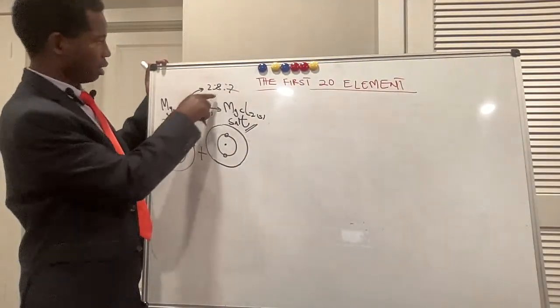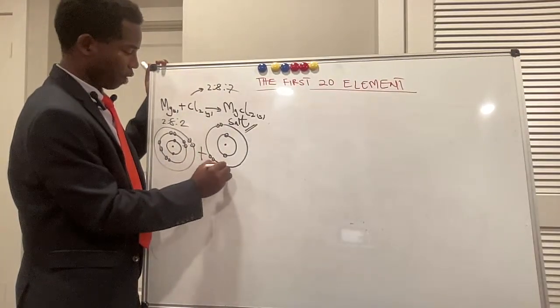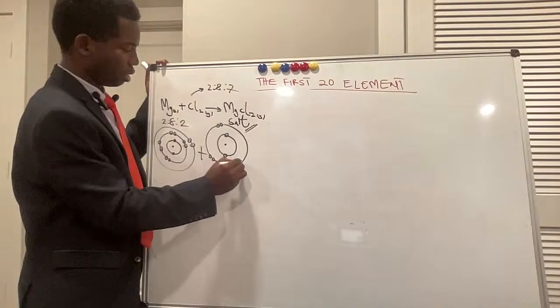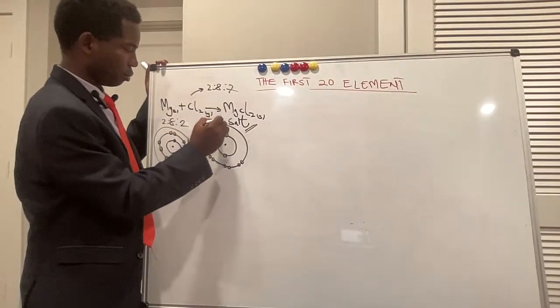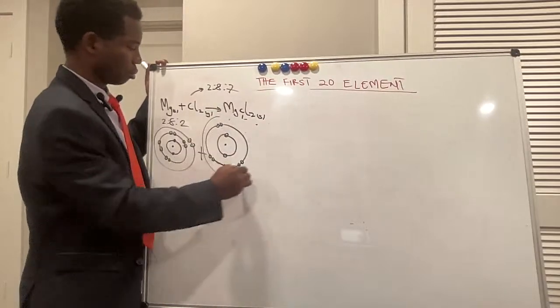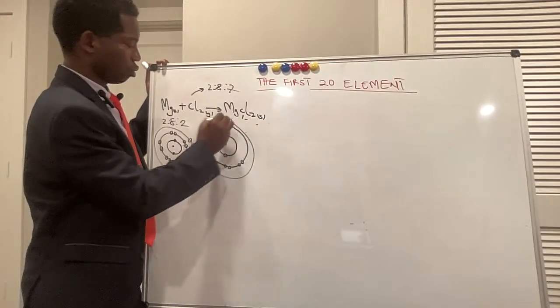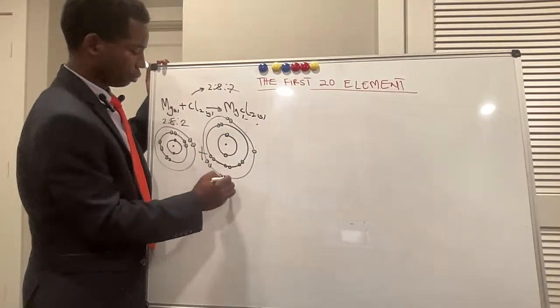So we have 8 here. 1, 2, 3, 4, 5, 6, 7, 8. Then the last shell is 7. 1, 2, 3, 4, 5, 6, 7.